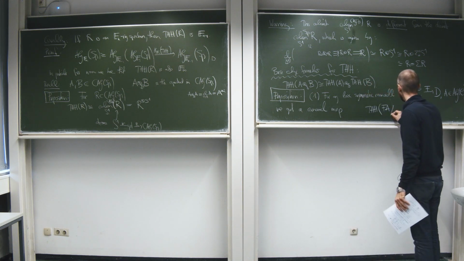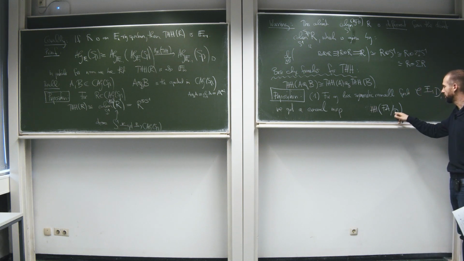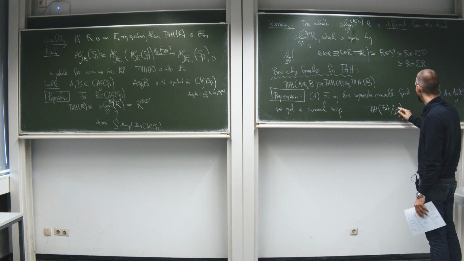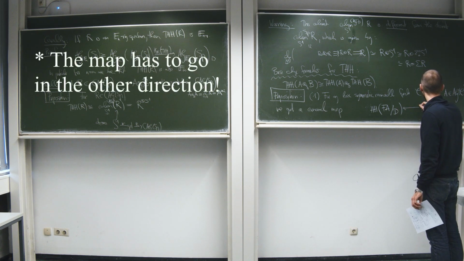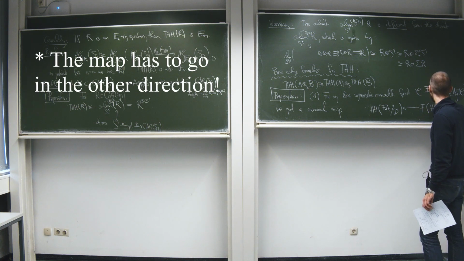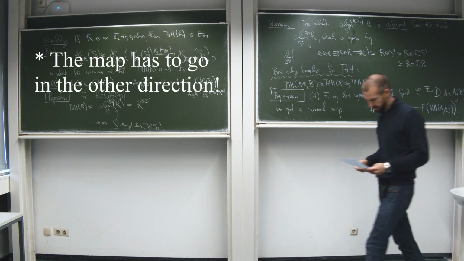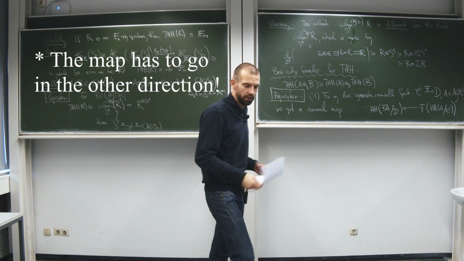And so I want to write Hochschild homology in the symmetric monoidal infinity category D of FA. And the claim is that there's a canonical map into this from F applied to the Hochschild homology of A in the symmetric monoidal infinity category C. Okay, so that's a statement that there's such a canonical map.